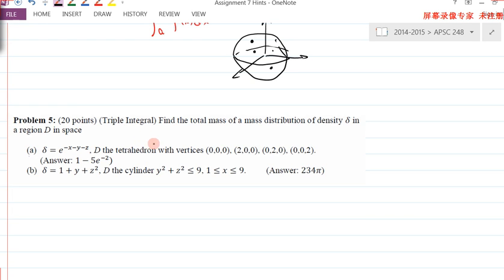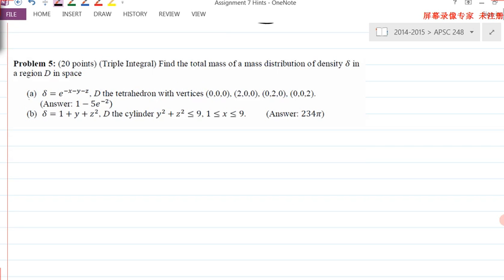This one, triple integral, is pretty straightforward. For part A, you're looking at 4 vertices: the origin, and 2, and 2. Connect them up and you get this tetrahedron.